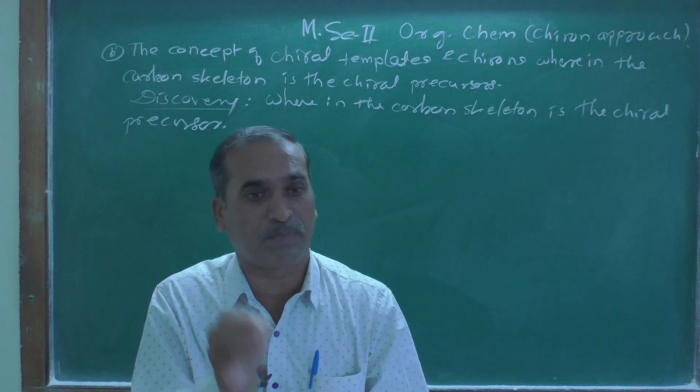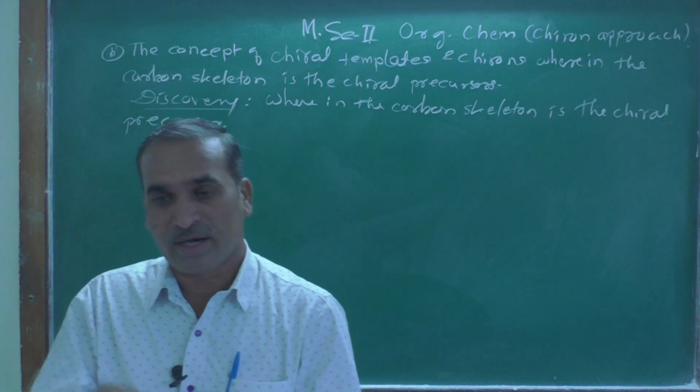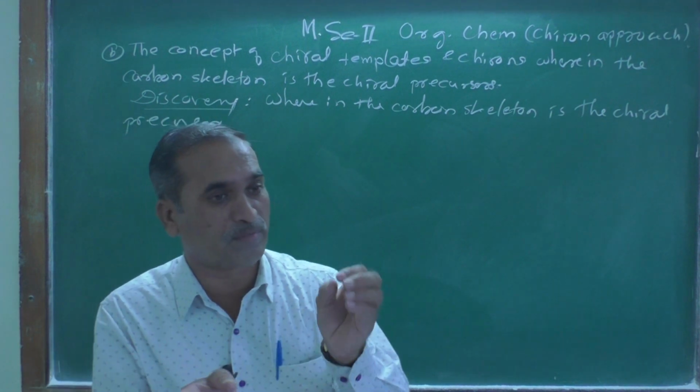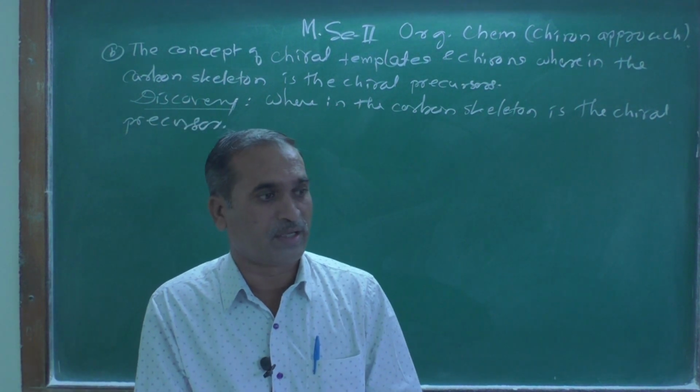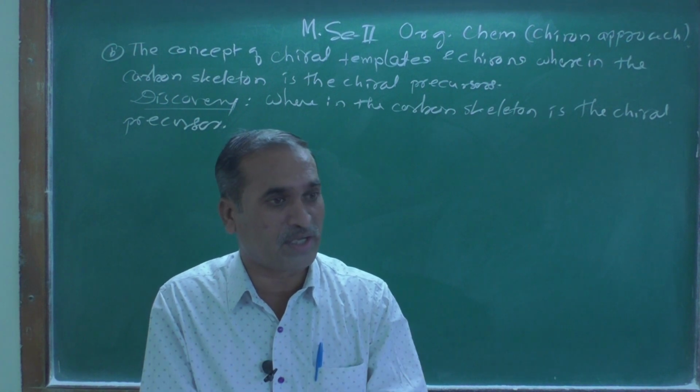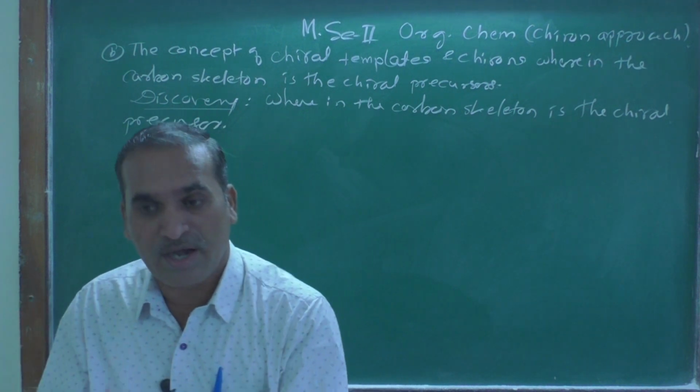The basic precursor is a carbohydrate, and there are three types of carbohydrate type symmetries present in natural products.